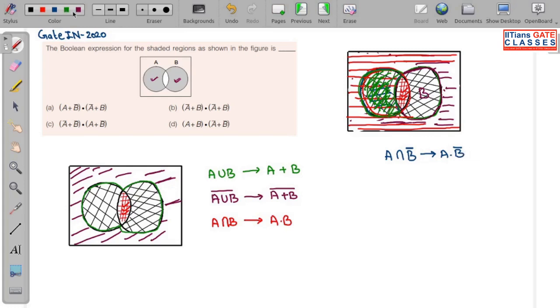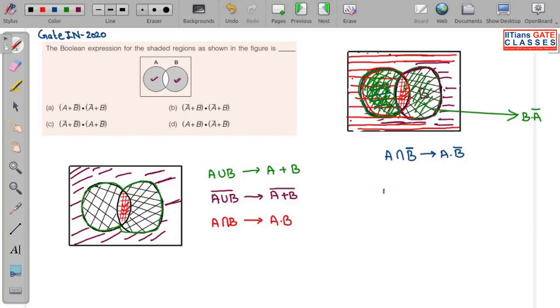And how will we write this other region? We will write it like B into A complement. Now simply what we have to do is addition, because it is either this region or this region.